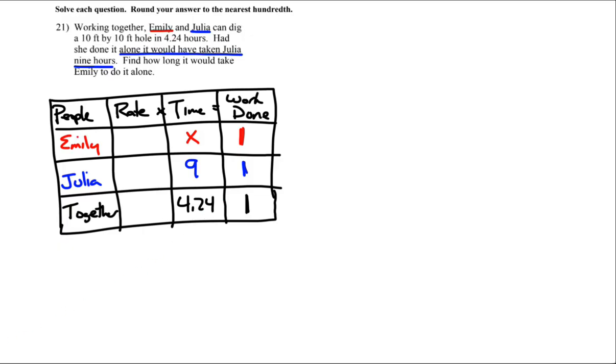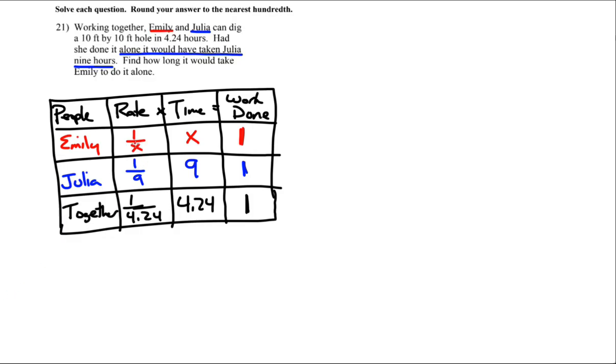Okay, well, the first thing we have to do is figure out what the rates are, right? So if it's rate times time equals work, then the rate together is just going to be 1 over 4.24. And for Julia, her rate is going to be just 1/9. And Emily, her rate is going to be 1 over x.